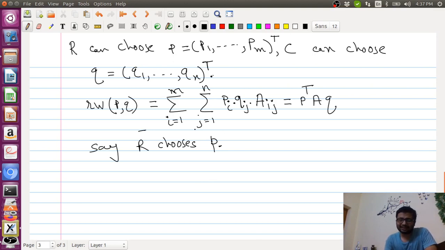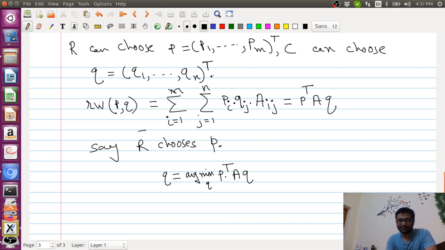If C chooses Q, then the reward is P transpose AQ. This we know. And C wants to maximize her reward. That is to say, C wants to minimize R's reward, because R's reward is just the negative of C's reward. So C will choose the Q for which this quantity is minimum.